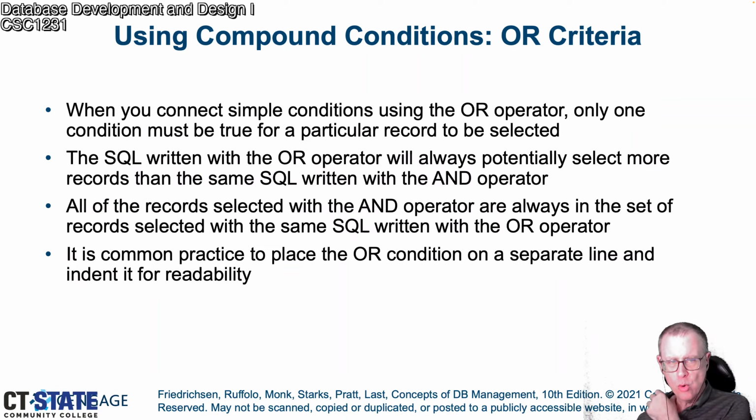Whereas the or operation says that either condition needs to be true, both do not need to be true. So it's a little more encompassing than the and operation, and and limits things more because both conditions have to be true.